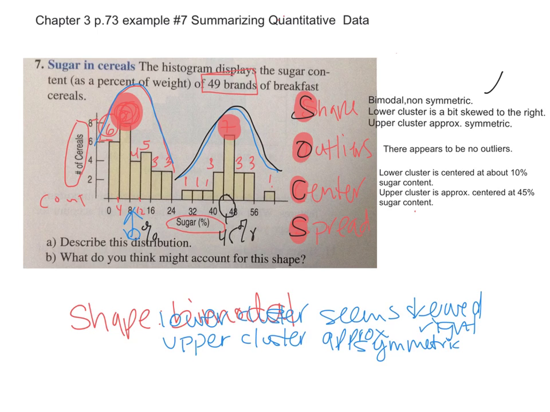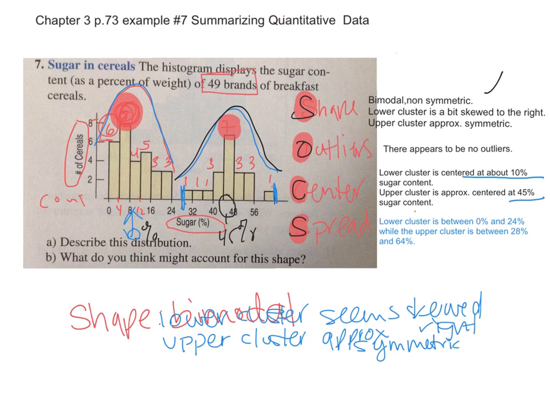The lower cluster is centered at about 10% sugar content, and the upper cluster is approximately centered at 45% sugar content. For the spread, the lower cluster is between 0% and 24%, while the upper cluster is between 28 and 64%.